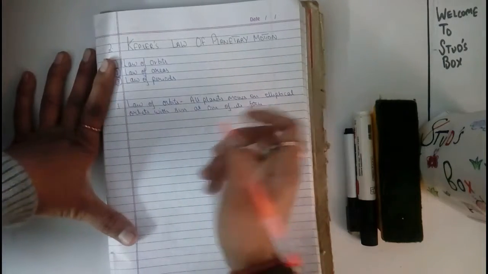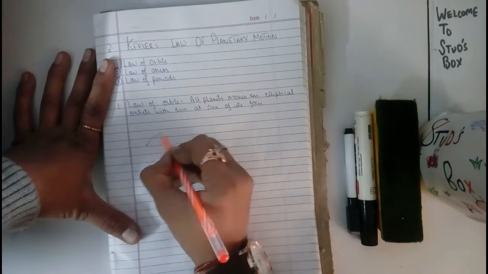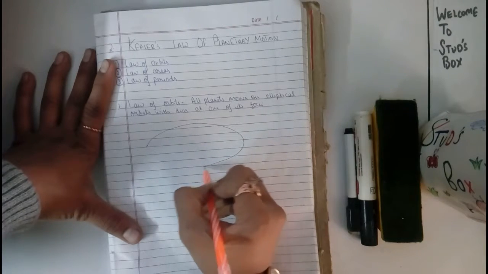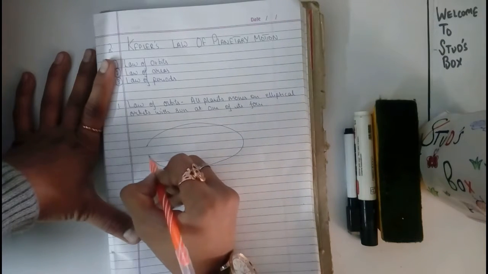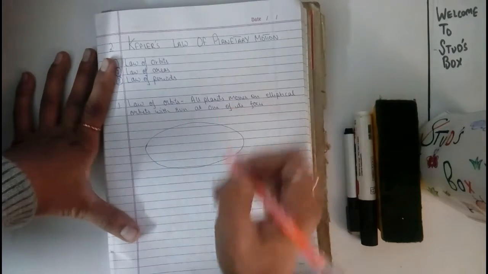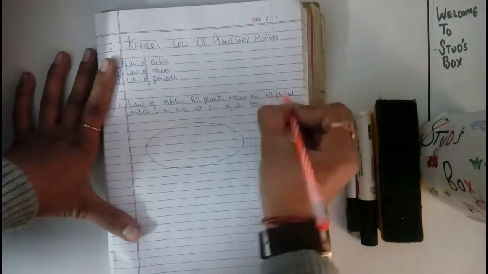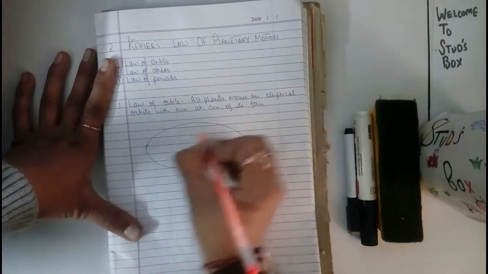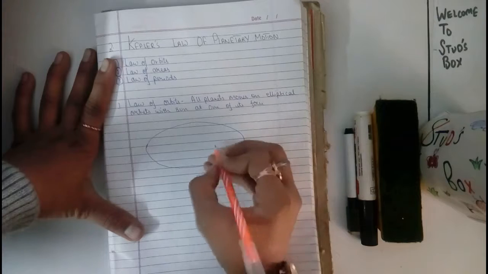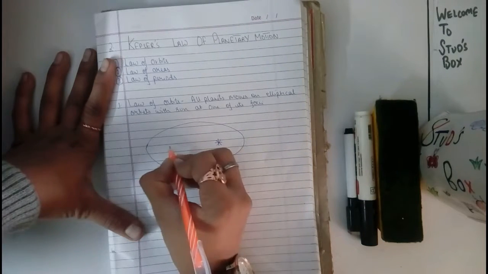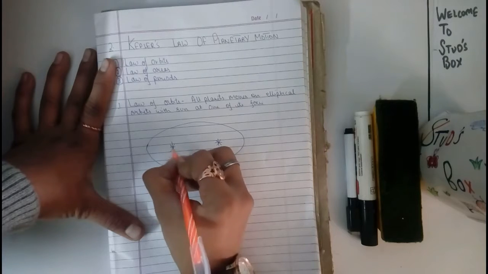So an ellipse looks something like this. So this is an ellipse. According to the definition, all planets move on an elliptical orbit with the Sun at one of its foci. So either the Sun is at this place or the Sun is at this place.